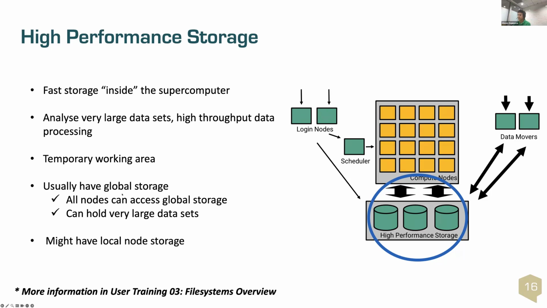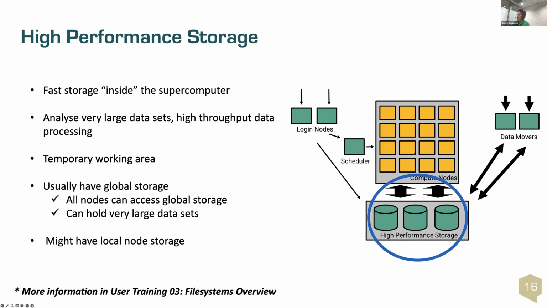All nodes can access global storage. Basically, you never know, or well, you can indicate, but usually you don't know which nodes are going to be assigned for your job. So all the nodes in the compute nodes need to have access to this global storage area.